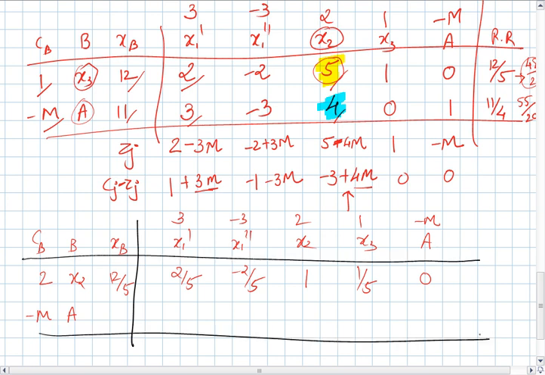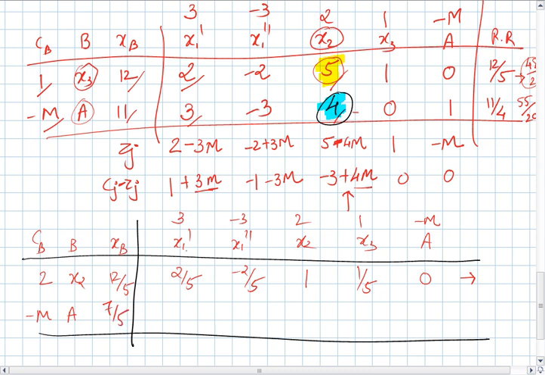Okay, now to make this entry 0, what we have to do is multiply this row by 4 and subtract from here. So 12 by 5 times 4 is subtracted from 11, so your quantity is 7 by 5.